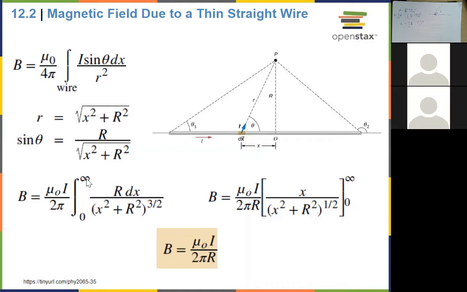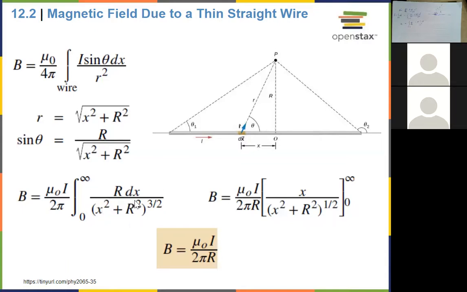So for the negative x direction, it's from minus infinity to 0, but your variable in the integration is x squared. So let's get rid of the minus infinity. So 2 times of that. So that's why you get the 2 pi here instead of 4 pi, because you multiply everything by 2. So originally you have 4 pi, now it becomes 2 pi, and then you just do integration from 0 to positive infinity.